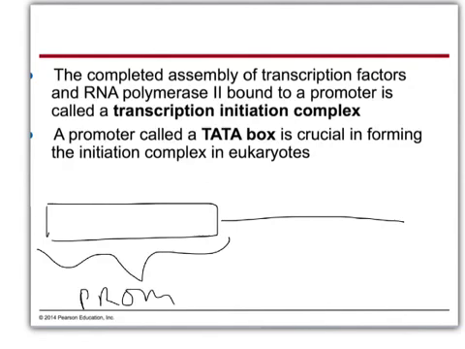Within this promoter will be a sequence of DNA that's TA, right? What we call a Tata box. It's a short stretch of DNA nucleotides on the DNA strand, a stretch of A's and T's. We call it a Tata box, and that is important for binding of RNA polymerase to that area.